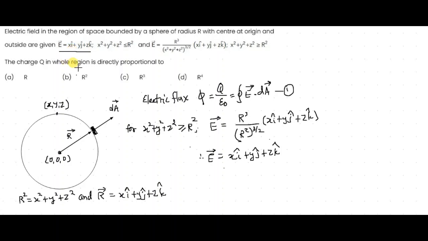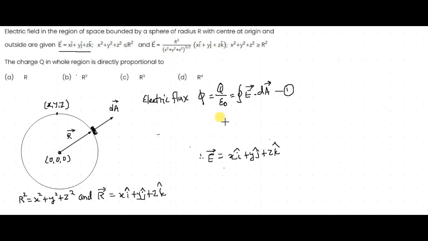So from all this calculation I can sum up that electric field on the surface can be defined as E is equal to xi plus yj plus zk. So this is electric field on the surface, and I am choosing my point on the surface of a sphere, and this I can say is the boundary, the sphere boundary, which is acting like a Gaussian surface.